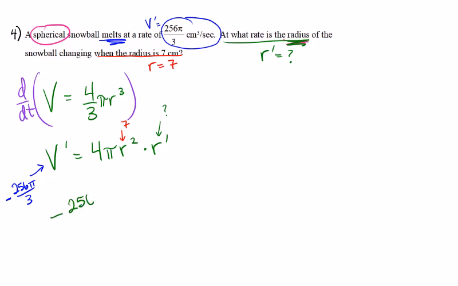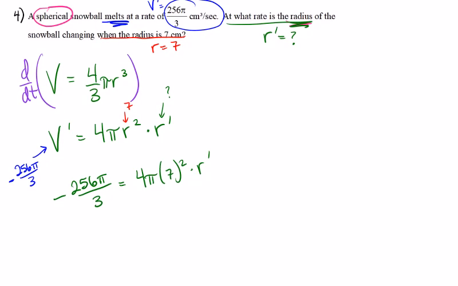Now it's going to be negative 256 pi all over 3 equals 4 pi times 7 squared times r prime. Basically we just have to work that out and then divide by whatever this is on both sides. Let me simplify a little bit more.